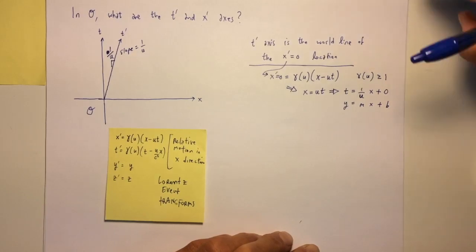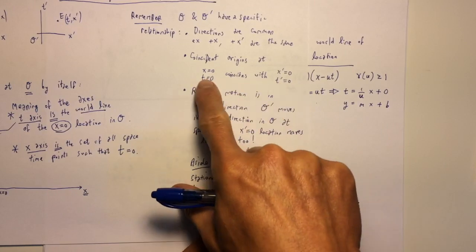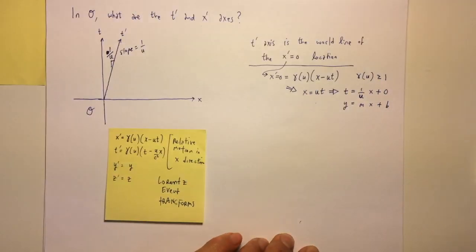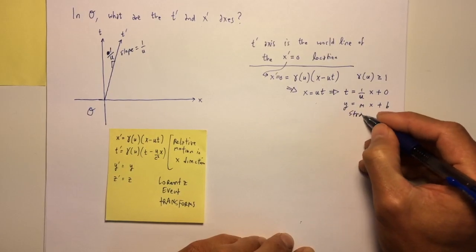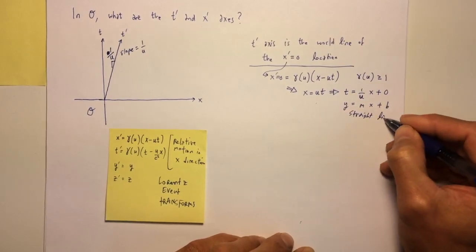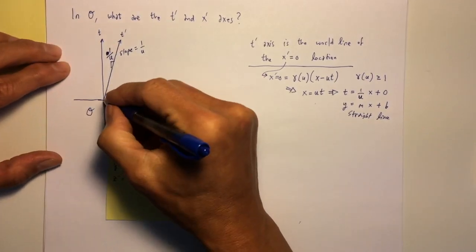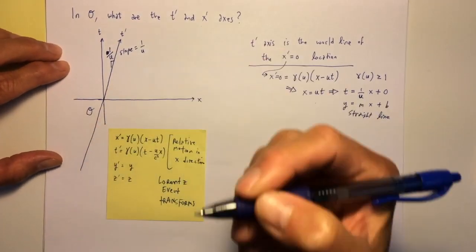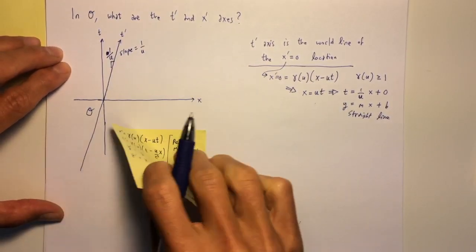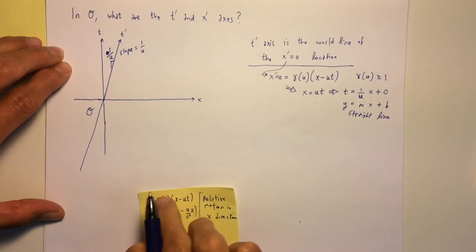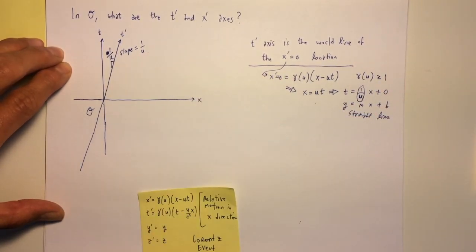And the reason that's 0 is actually because of this coincident origin relationship. And so right here, this is a straight line, and this straight line is the t prime axis. And the t prime axis actually is in both directions, just like the t axis is, right? And can you see that here is the slope, 1 over u.